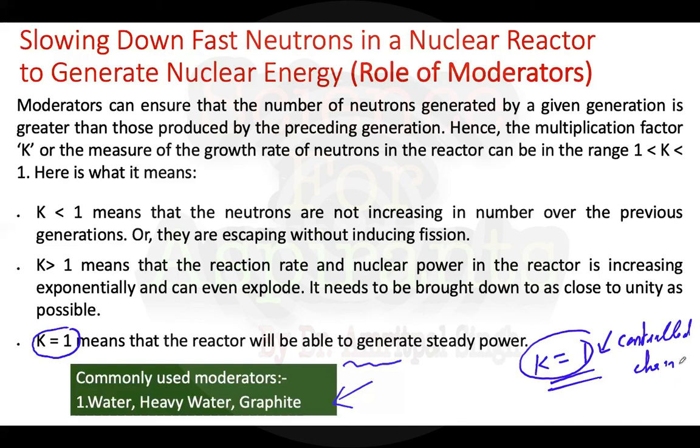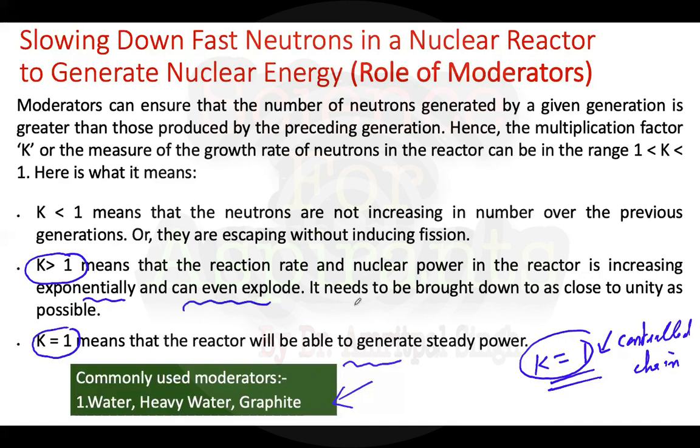If our neutron number increases, the value of K becomes greater than 1. In that case the number of neutrons increases exponentially, and if we do not control it at the appropriate time, either through moderators or cadmium or coolants, then our nuclear reactor can explode.